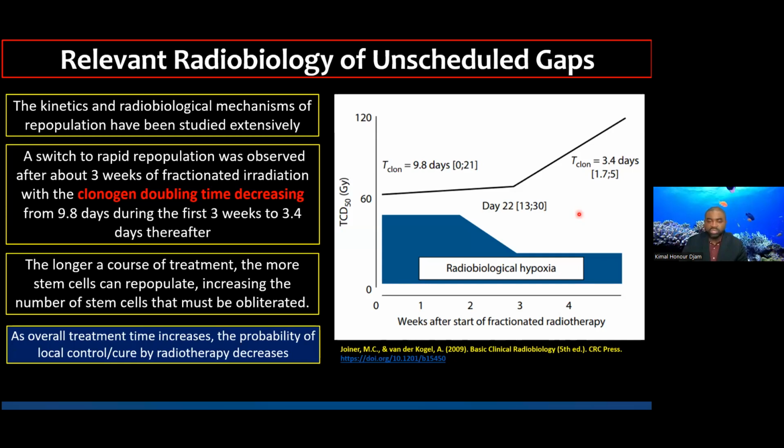As a result, any increase in the overall treatment time decreases the probability of local control. And if you think about it, different tumors grow differently. For example, prostate cancer grows very slowly, while head and neck cancer grows very rapidly. Non-small cell lung cancer is another rapidly growing tumor. Therefore, the rate of repopulation of these tumors needs to be considered very, very carefully.